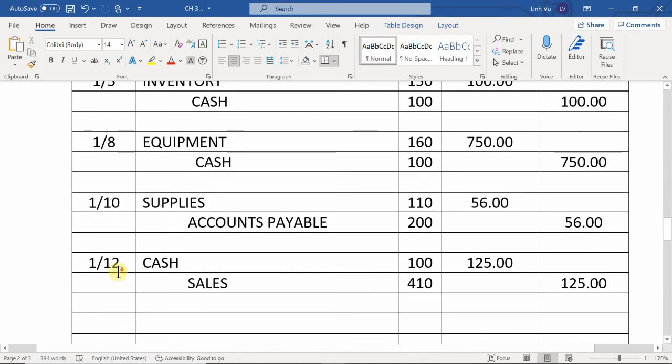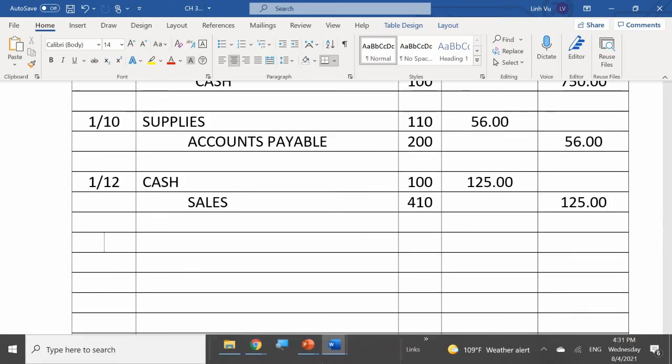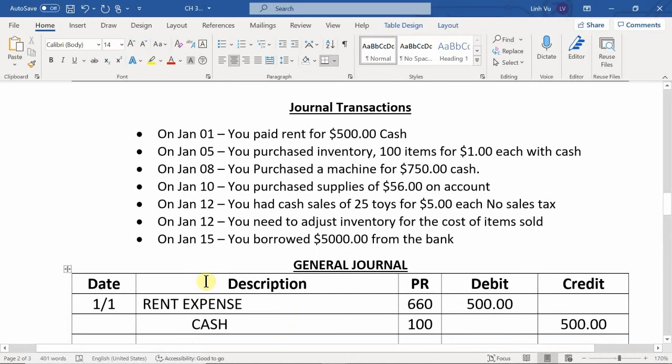So in this case, this is the same day. We're going to debit our cost of goods sold, which we've already calculated to be $25, because we sold 25 items at $1 each. Now here's the keyword. I need to adjust my inventory.